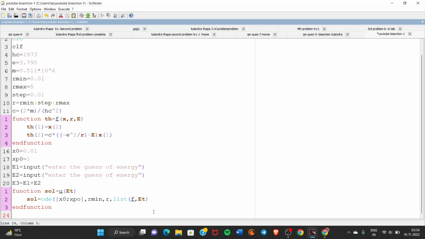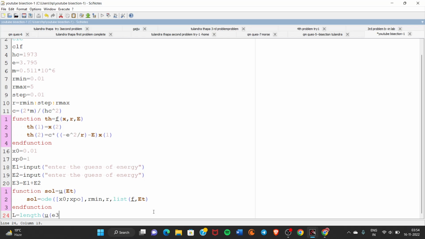Now we will write the value of capital L. You can also use the dollar sign, but I am using this longer method because I learned only this. So L is equal to length, which is used to find the length of any matrix, and we are finding the length of the matrix u(E3).